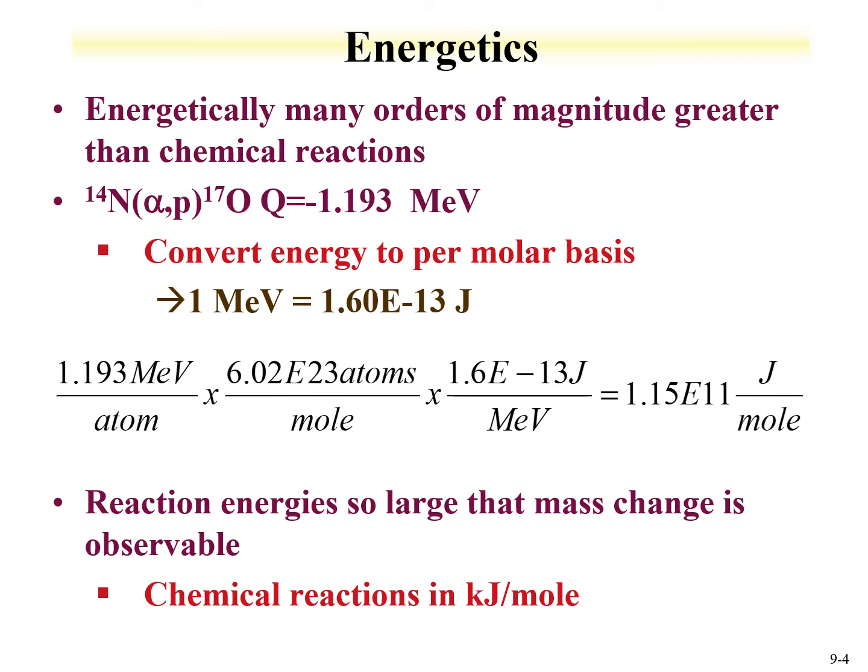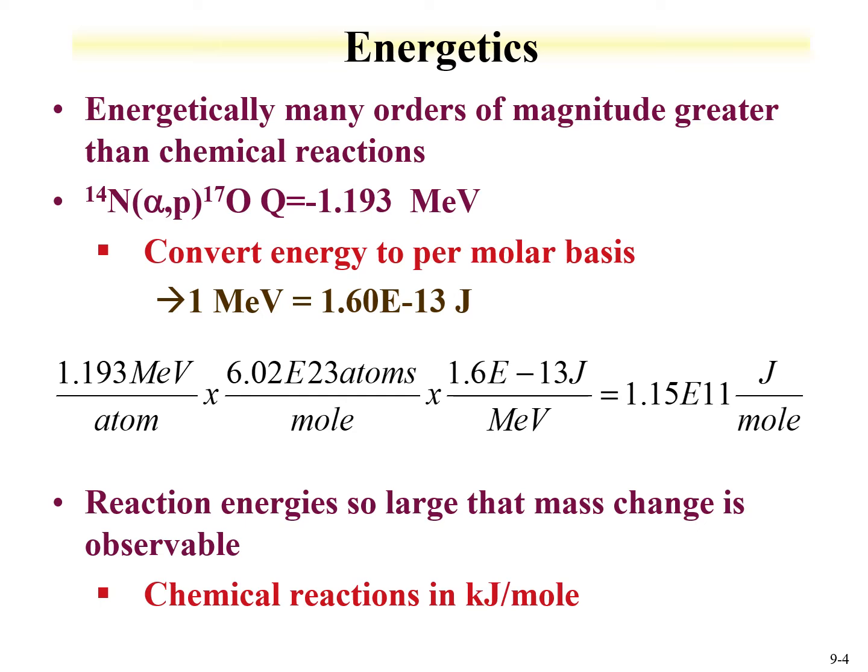We can use some of this energetics to get an idea of the overall reactions involved in nuclear reactions. So if we take the reaction we discussed on the earlier page and calculate the Q value for this reaction, it's just around -1 MeV.